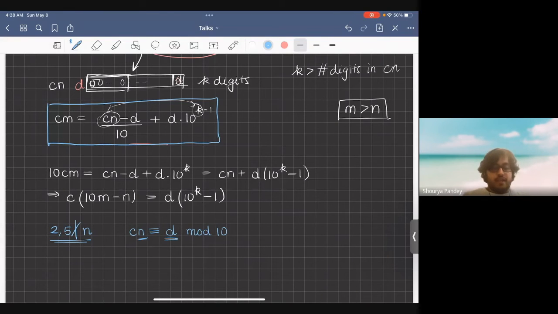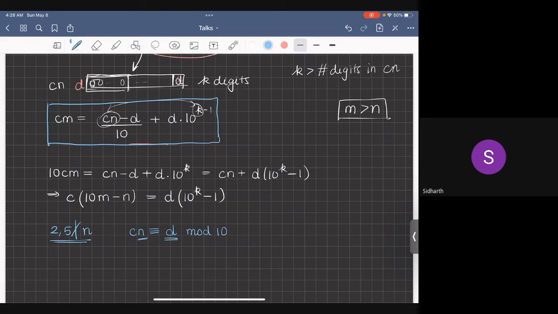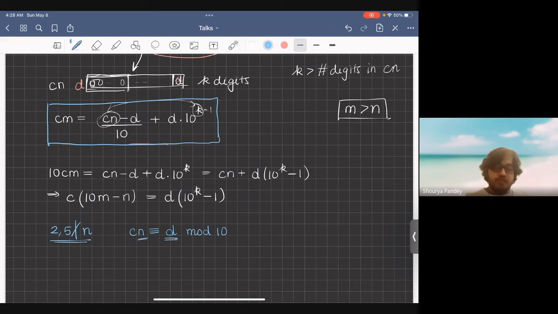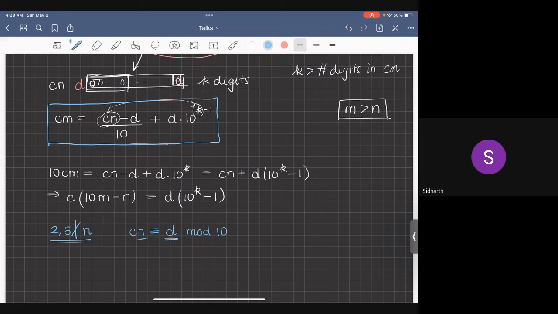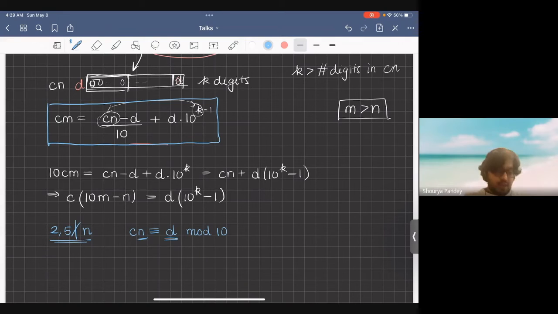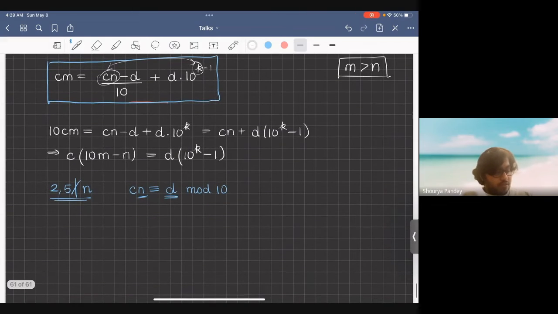Okay. And then we need 10m minus n divides 10 to the k minus 1. And we just choose K big enough. How do we choose such a K? Whatever the prime factors of 10m minus n are, take p minus 1 of those. Or can you do something even more direct? All I need is 10 to the K is congruent to 1 mod 10m minus n.